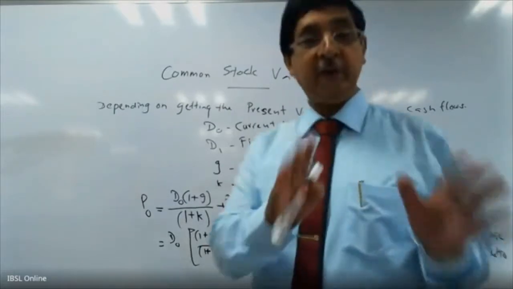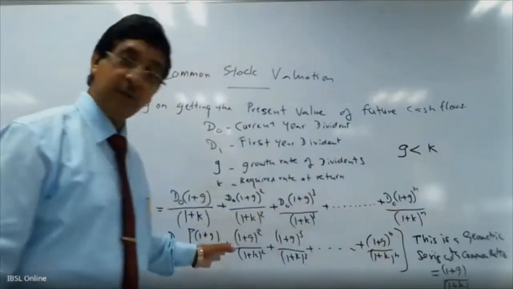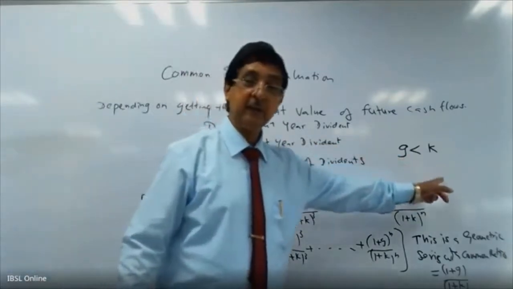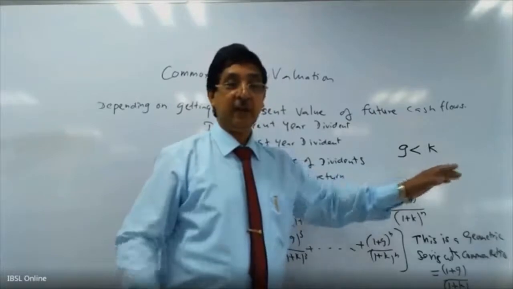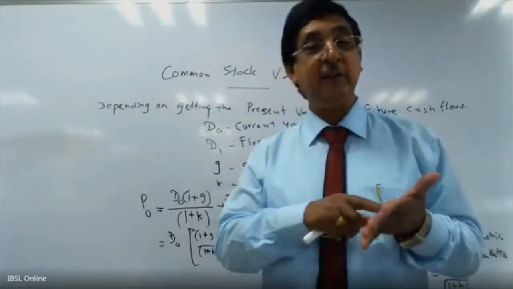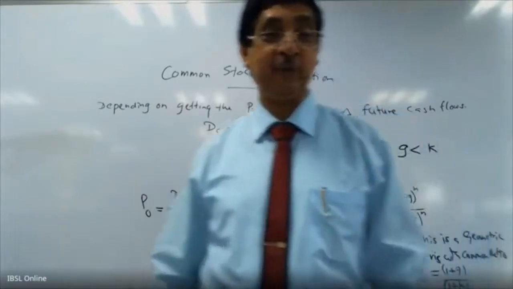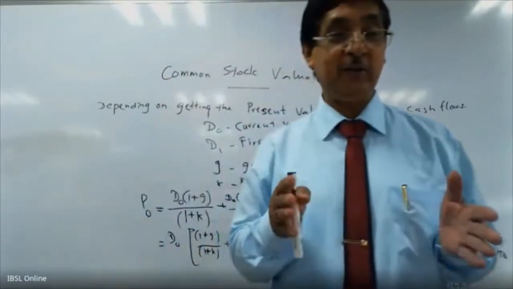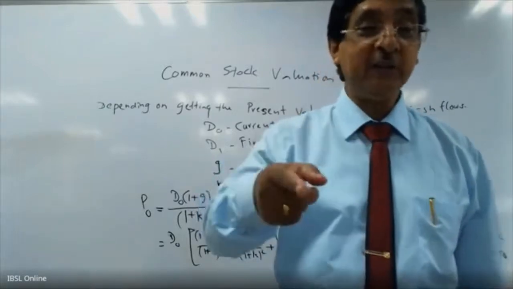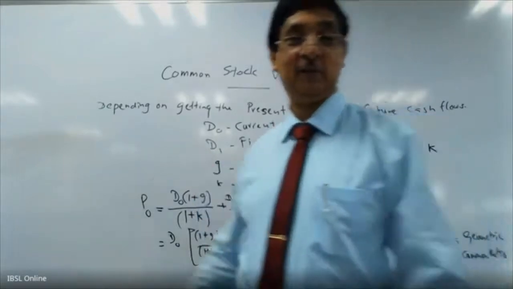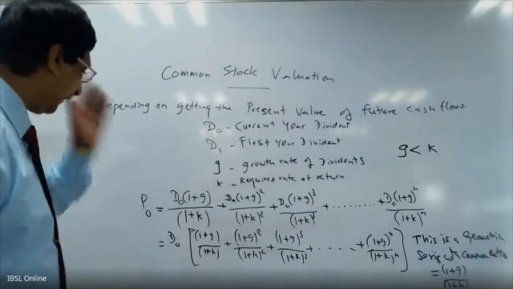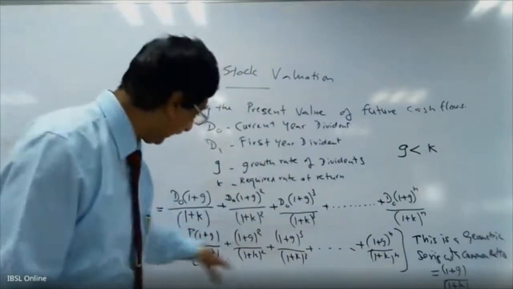Now, I will discuss a situation where G is less than K. We have omitted the other situations where G is equal to K and G is higher than K. That can be discussed under the two-stage dividend discount model. Anyway, now I will show you how we can calculate this.